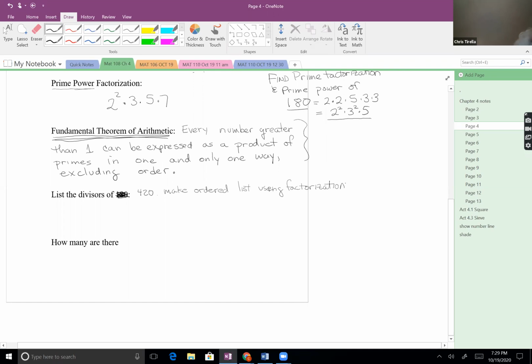And again, our factorization of 420 was 2 to the second times 3 times 5 times 7.